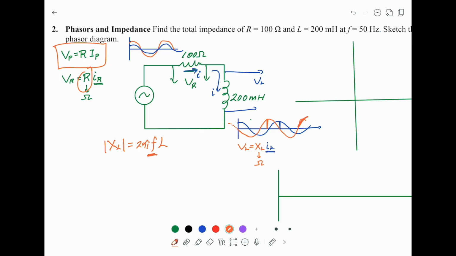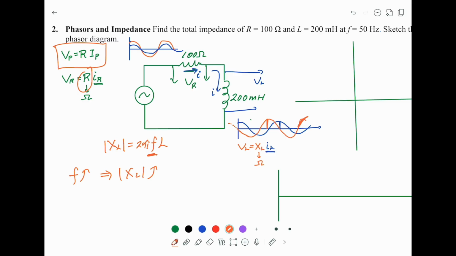It means you can imagine the XL like the resistance, but it depends on frequency. The higher the frequency, the larger this one. So this is a frequency dependence of resistance, similar function or similar meaning.